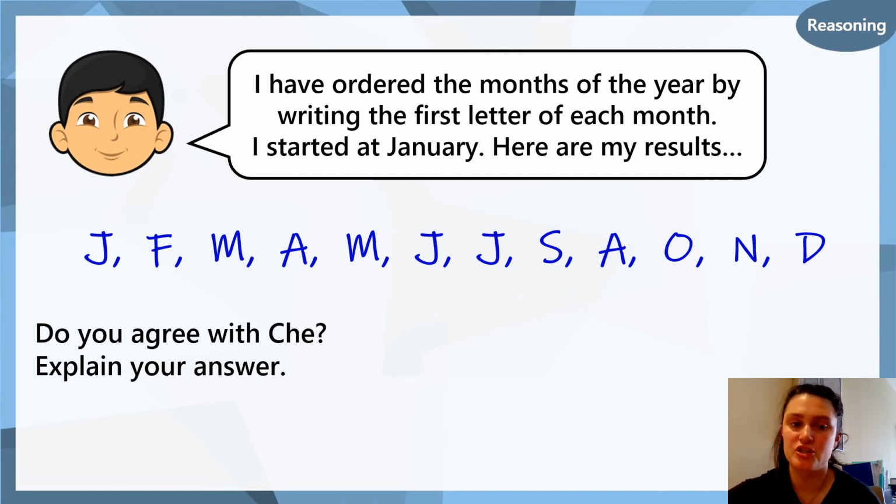So we have J, January, F, February, M, March, A, April, M, May, J, June, J, July, S, September, A, August, A, October, N, November, and D, December.